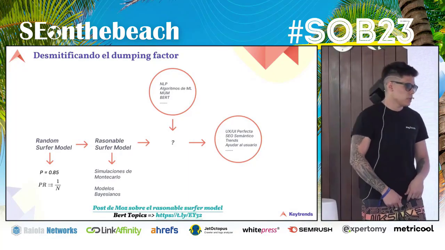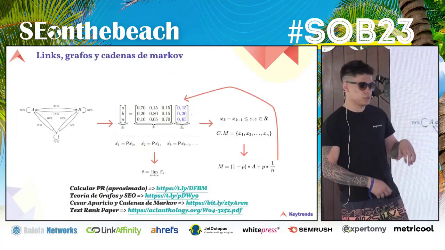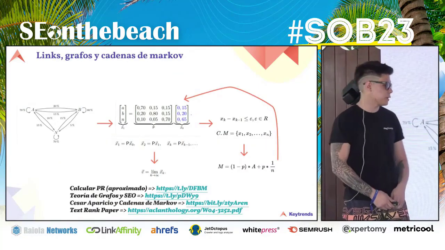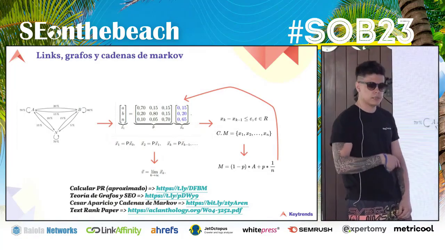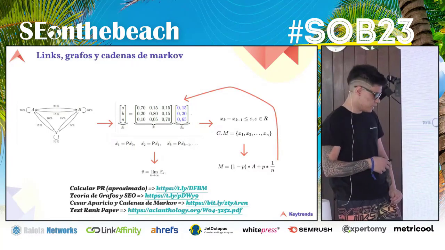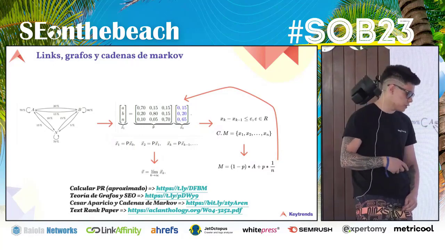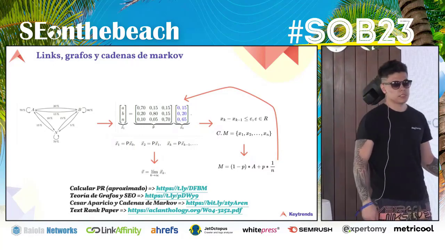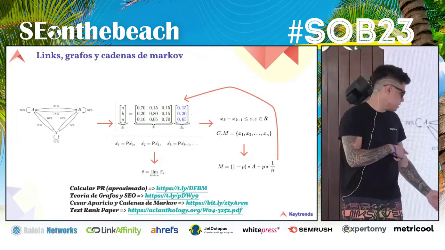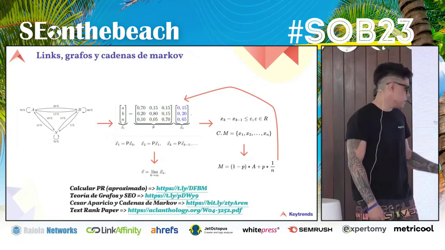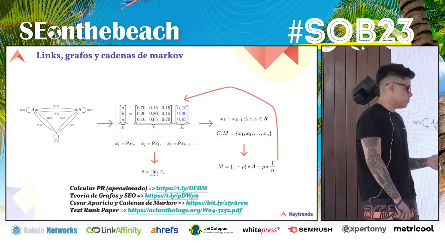To know how to connect these things, I think this has already been explained, since it has Markov chains. And we need to take TextRank, which is for extraction, and Bringing Order to Text, or to the web, which are two quite useful articles.